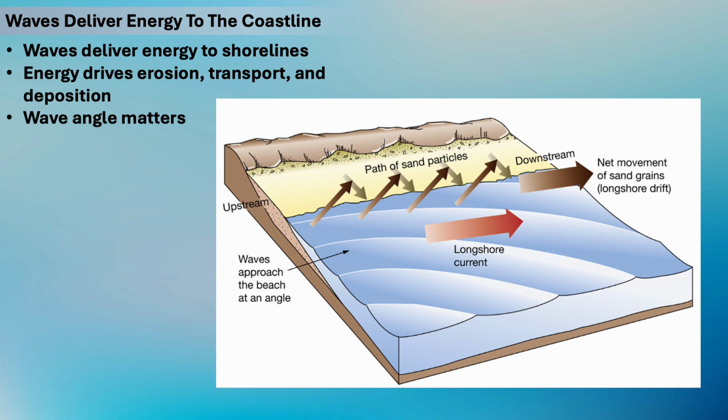However, when waves approach at an angle, which is the most common case, they generate a net current that flows parallel to the shoreline. This longshore current transports sediment laterally, redistributing sand along the coast. Over time, this process shapes the beaches, the spits, the barrier islands, and the sandbars.